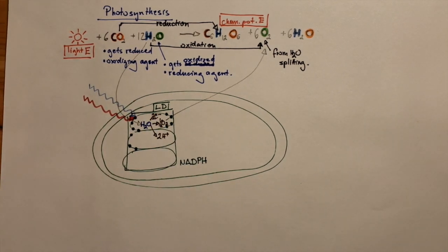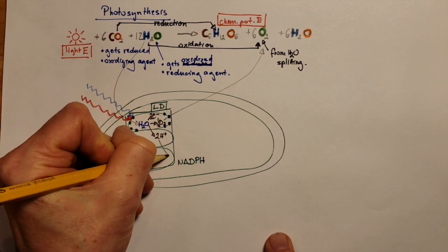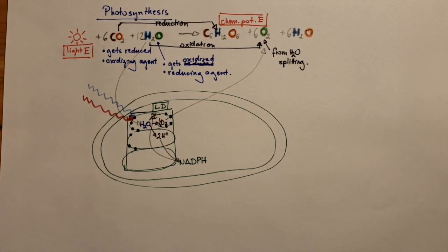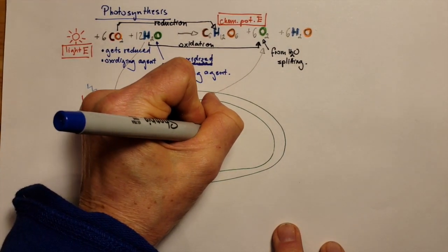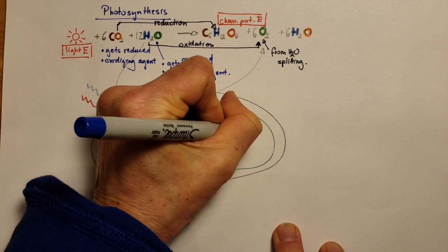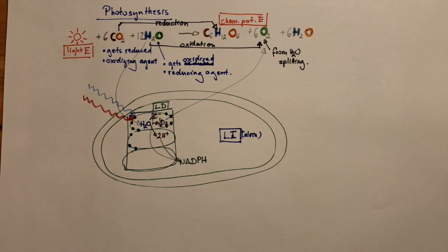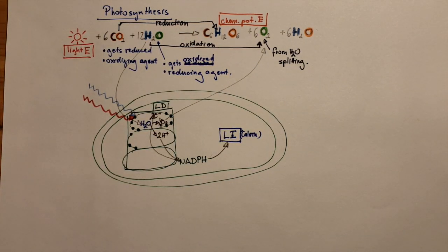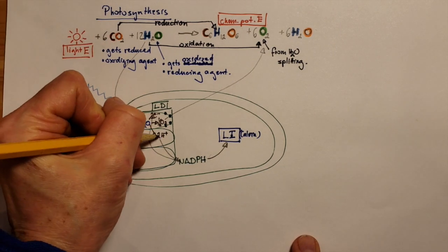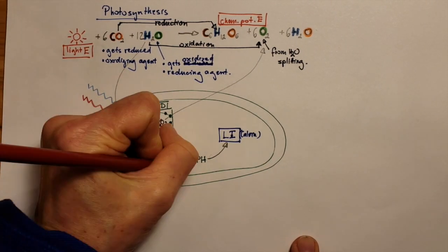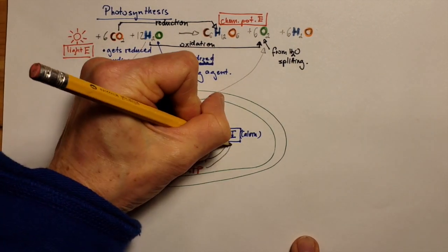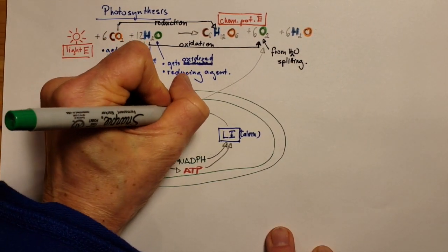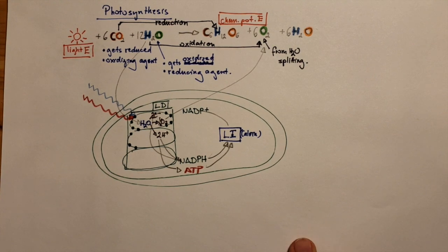The high energy electron carrier, NADP plus, gets reduced by the electrons and picks up the proton too, and carries the high energy electrons and protons to the light independent reaction place, called the Calvin cycle, as well as ATP is going to get generated through chemiosmosis.